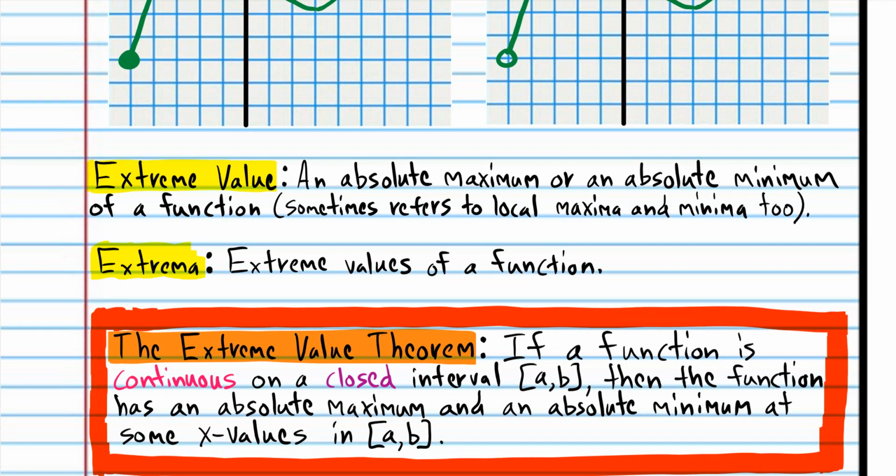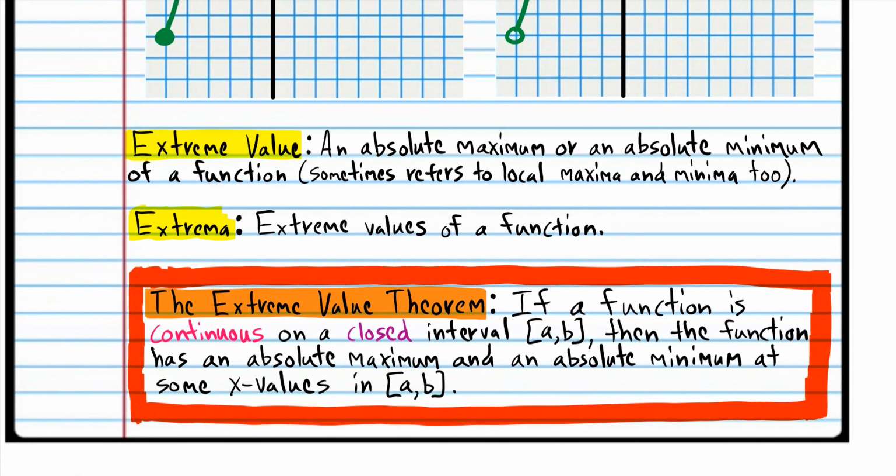But we also use the phrase extreme value. An extreme value is just a maximum or a minimum. And the plural form of that is extrema. The word extreme usually refers to absolute maxima and minima, but sometimes it can also refer to local maxima and minima.